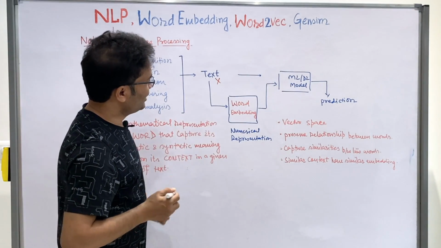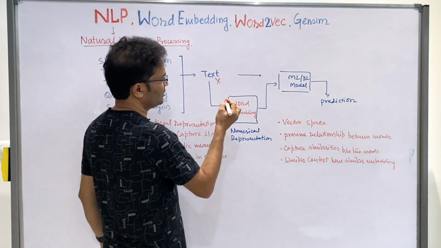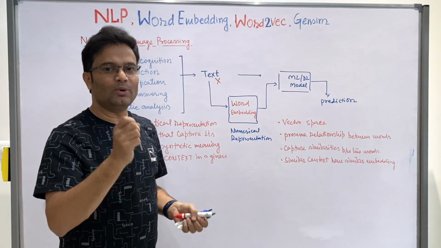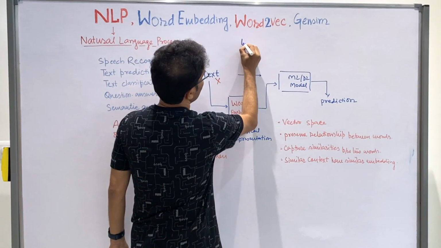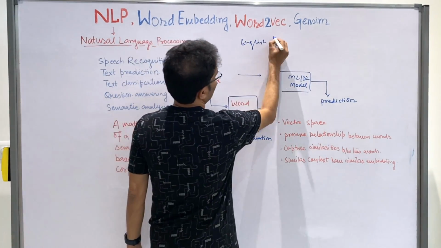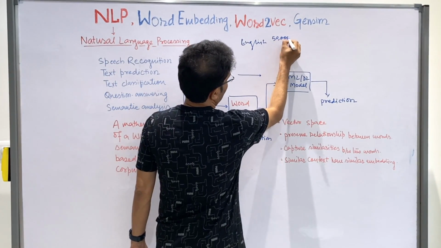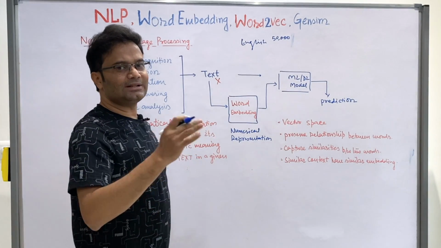So why word embedding? It is very simple. Why can you not give one ID for each word? Suppose you see the English dictionary, and I have 50,000 words in the dictionary. So you can give numbers.